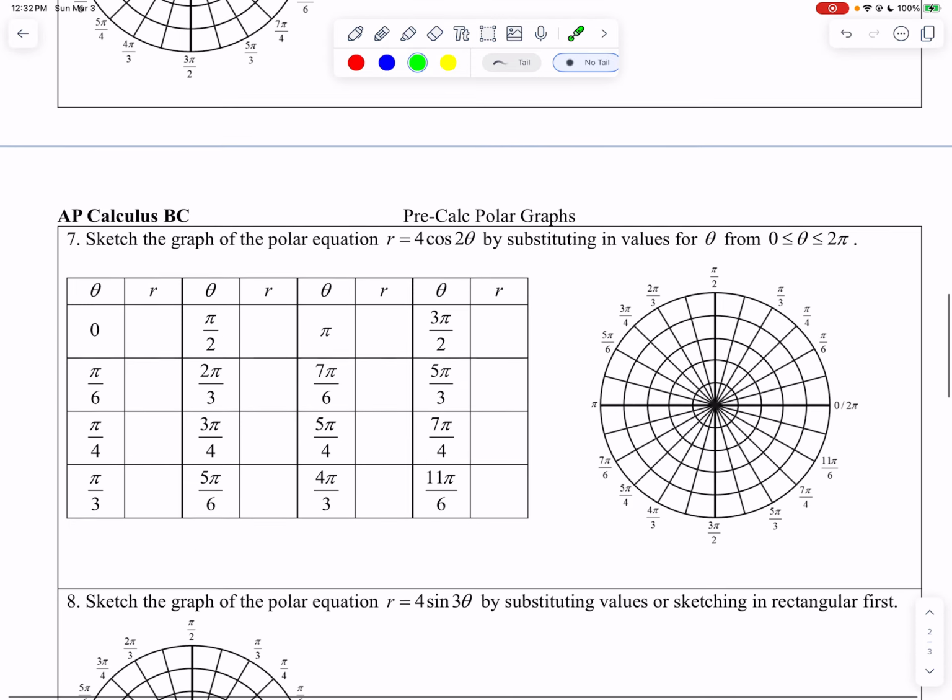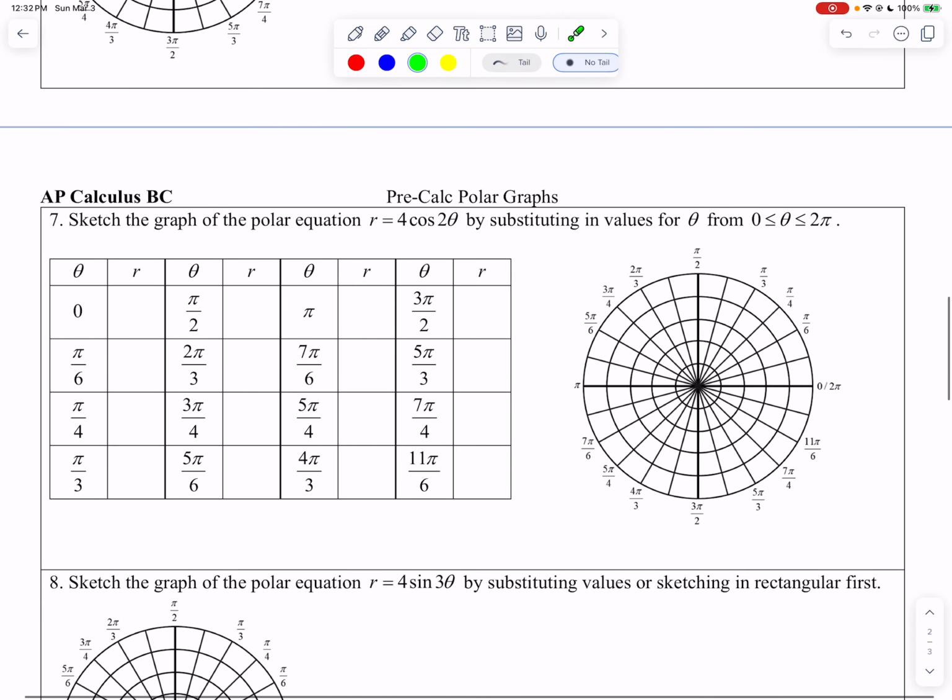Number 7, what we're going to do is sketch the graph of the polar equation by substituting in values. So this one here, we're going to go ahead and substitute in values. What I want you guys to do is go ahead and pause the video, substitute in the values, and then what we're going to do together is essentially graph this together.